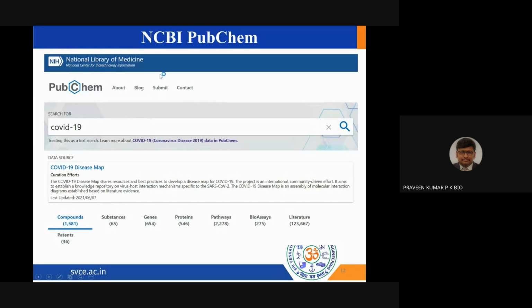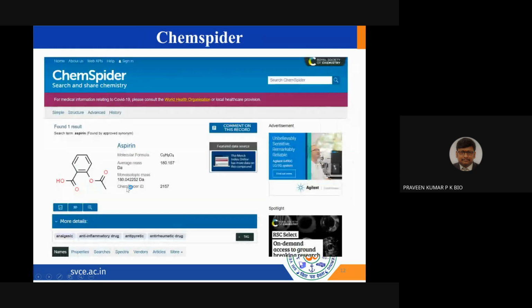This is the largest database for a collection of compounds. You can find the chemistry of the compounds, and even the physical and chemical properties. Like NCBI PubChem, we have a few more cheminformatics databases like ChemSpider.